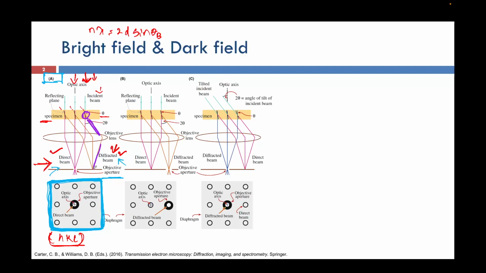But from all the other areas surrounding this round feature in my sample, the undeviated or direct beams will come and hit the screen of your detector, and they are getting formed there.